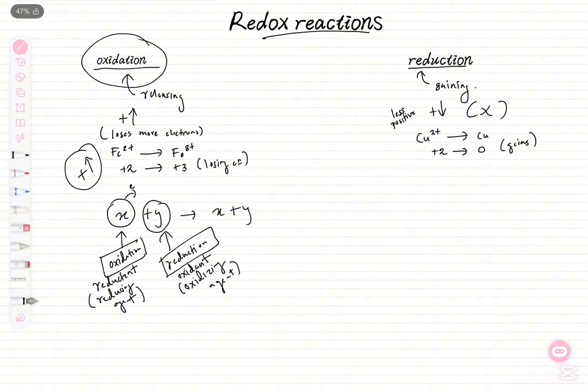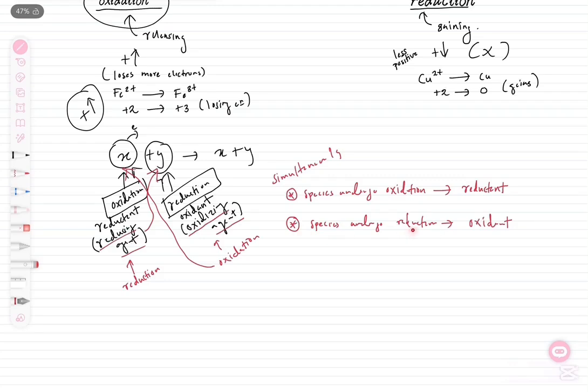The reason we gave these terms for X and Y is that the reducing agent will cause the opponent to undergo a reduction reaction, and the oxidizing agent will cause the opponent to undergo an oxidation reaction. So the species undergoing oxidation is the reductant, and the species undergoing reduction is the oxidant.